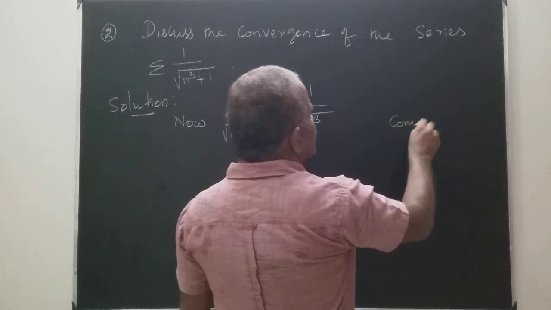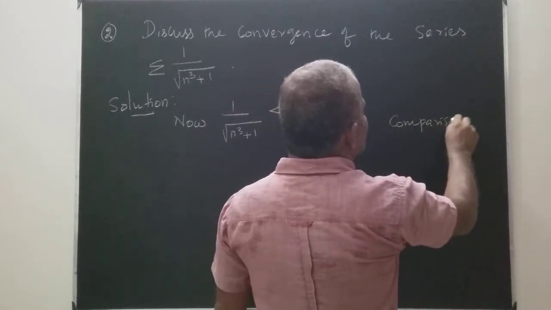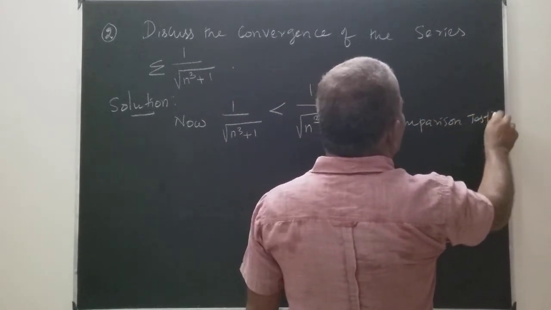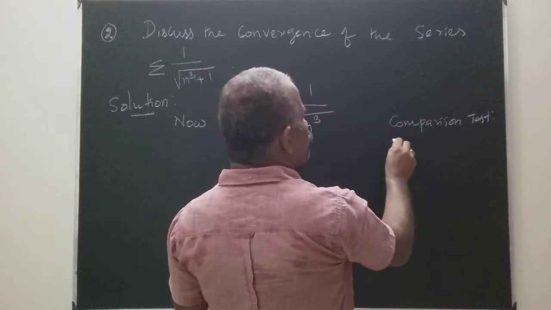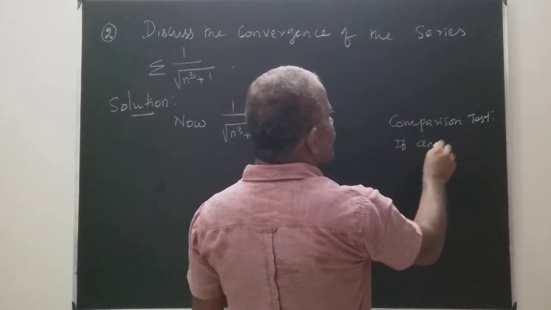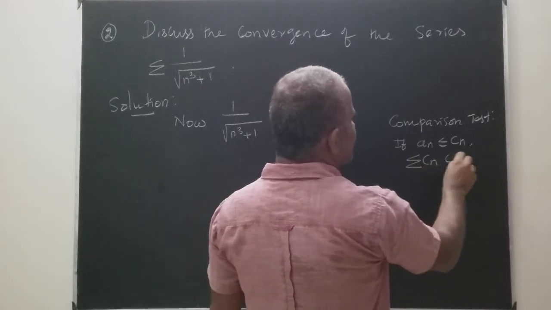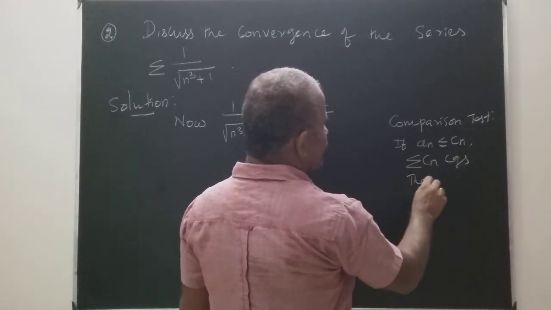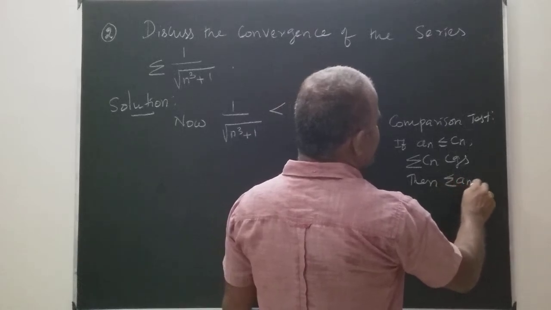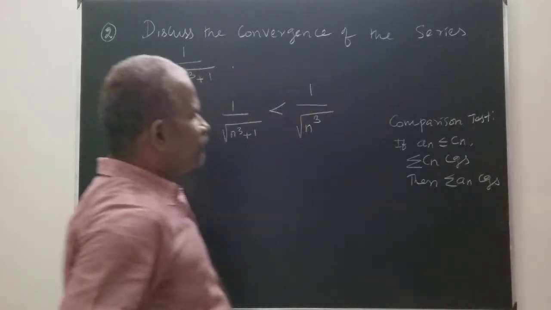The comparison test says, if an is less than or equal to cn and sigma cn converges, then sigma an also converges.